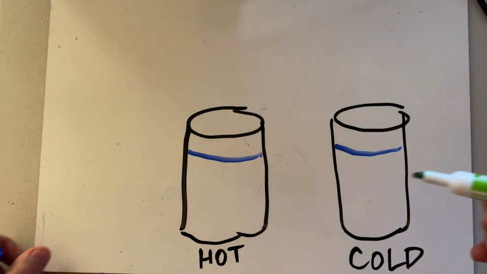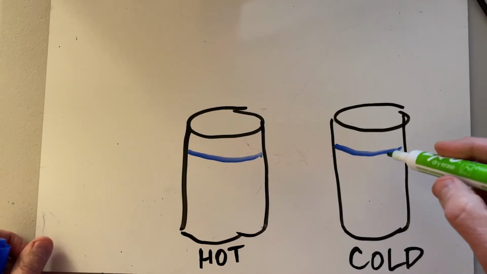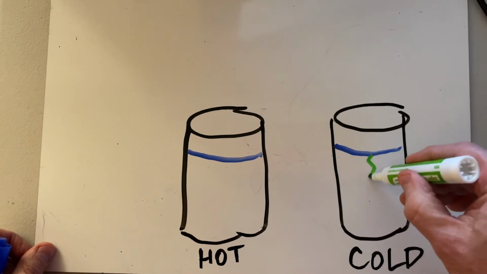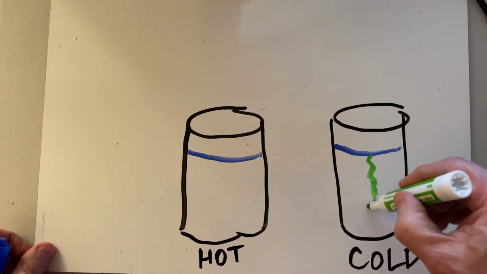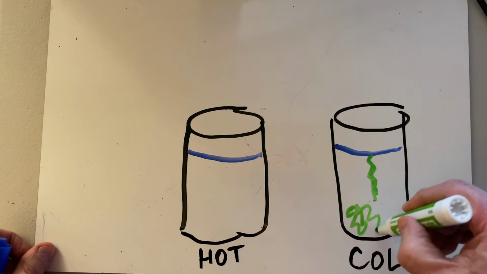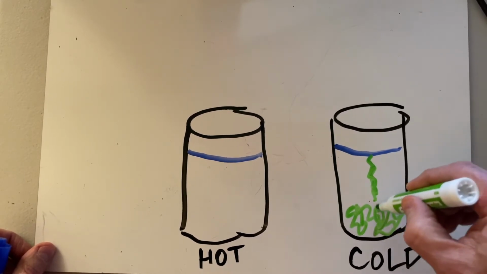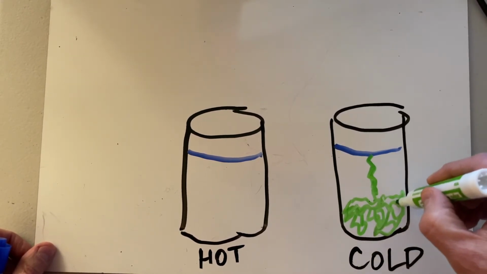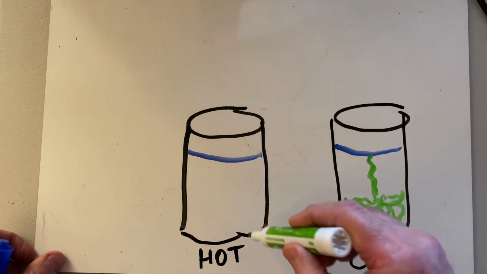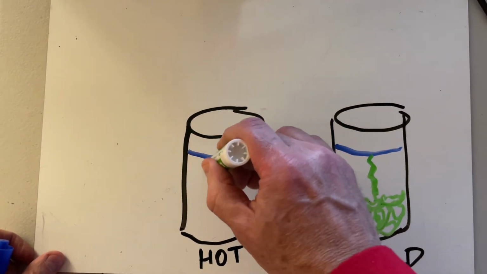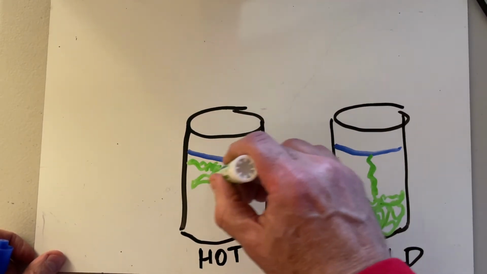And for the macroscopic view in the cold, it was something like this. There was a little bit of a line coming down, and then it was kind of spread out towards the bottom. And then for the hot, it was more spread out all through the whole glass.